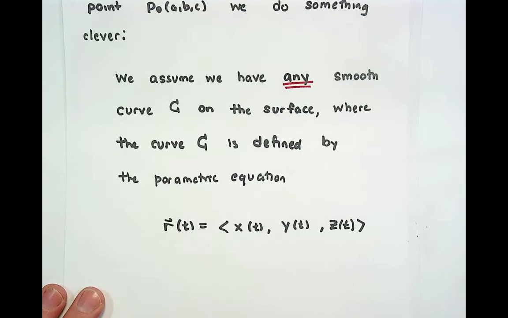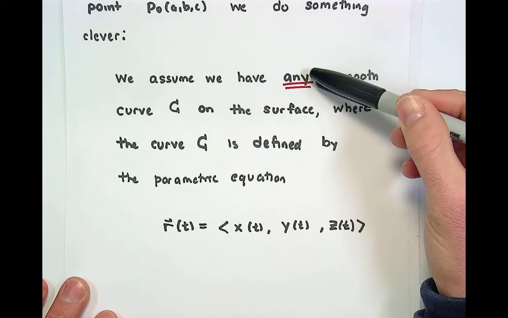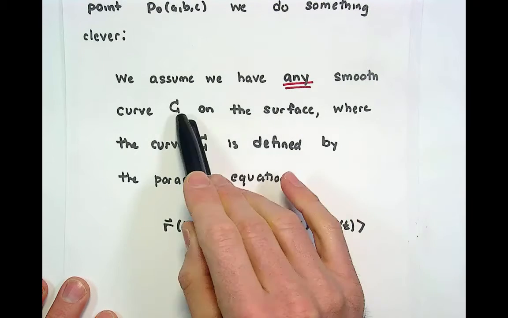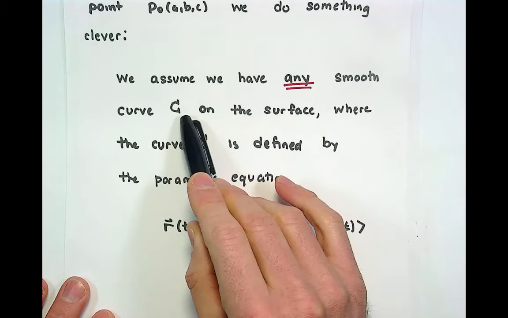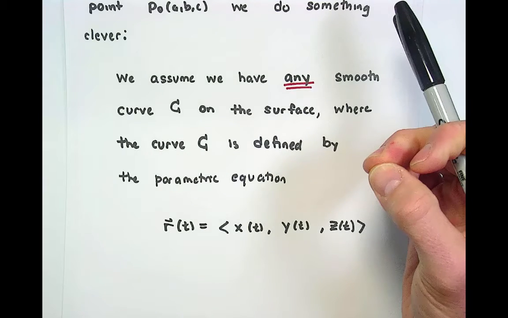In particular, what we're going to do is assume that we can graph the surface, and then on the surface we can graph any parametrized curve that actually sticks on the surface.